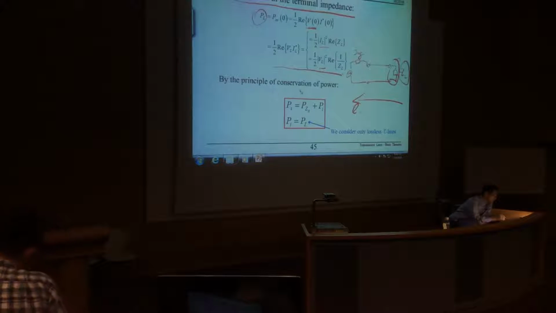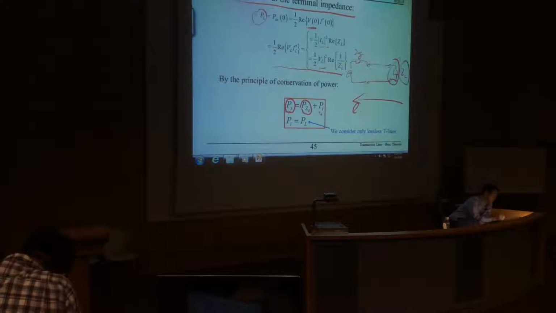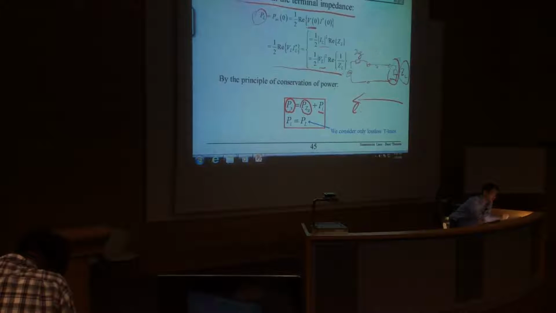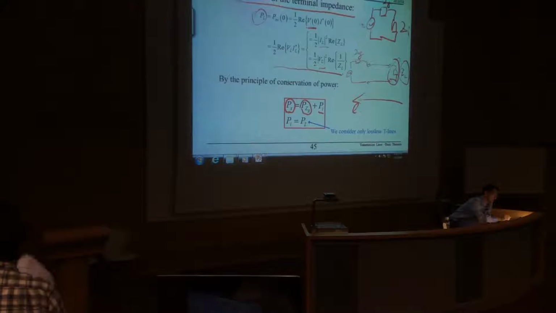By the principle of conservation of power we mentioned just now, the source power should be the power consumed by the internal impedance ZG plus the power at VI, for the simplified version. So the source power is equal to this.